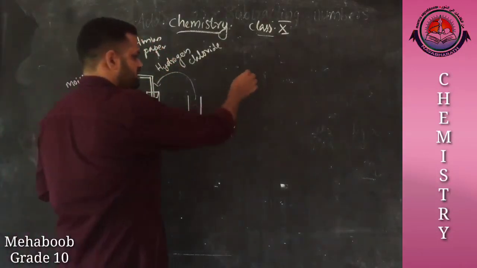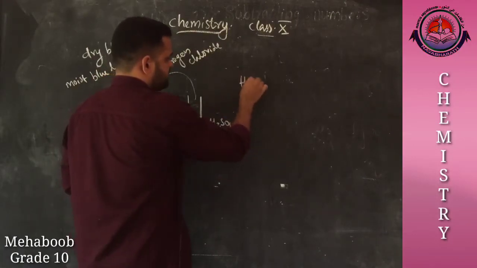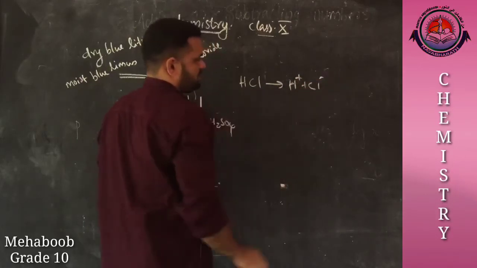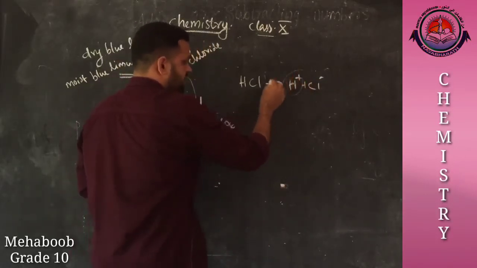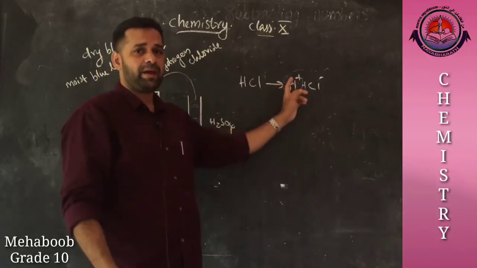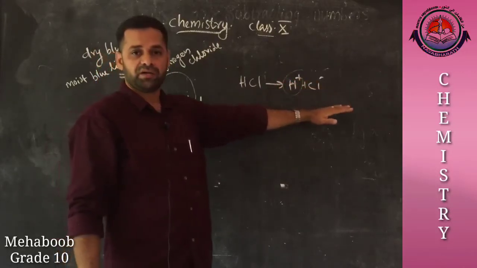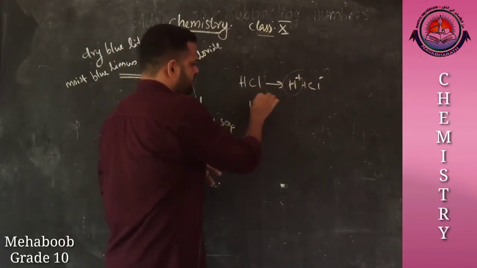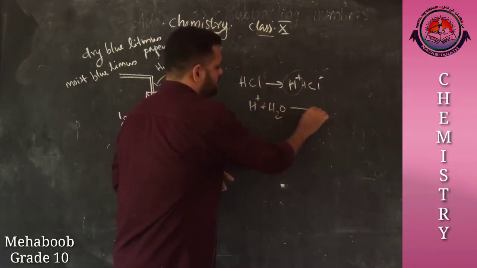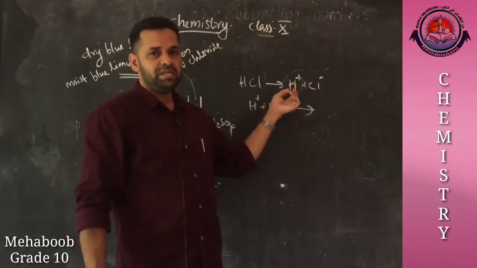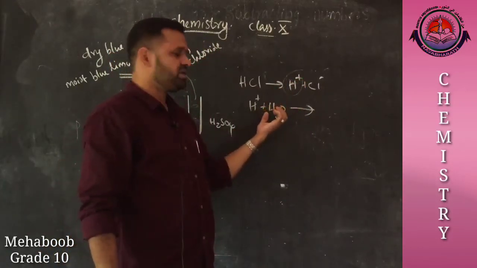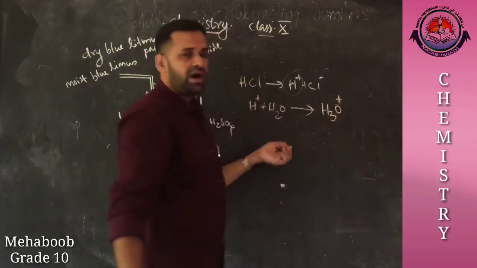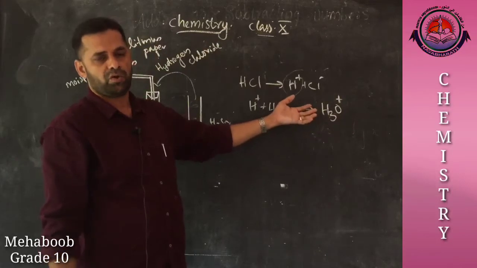We have already studied that HCl is ionized to give H+ and Cl- ions, and this ionization happens only in the presence of water. We know this H+ has no independent existence, so it readily combines with the water molecule and forms the H3O+ ion, that is, the hydronium ion.